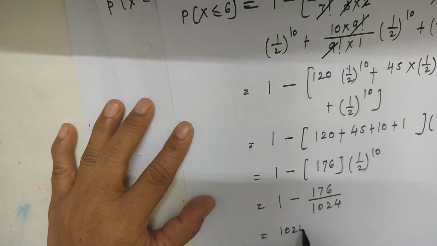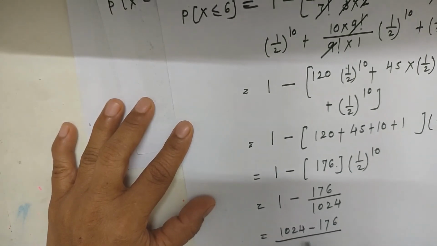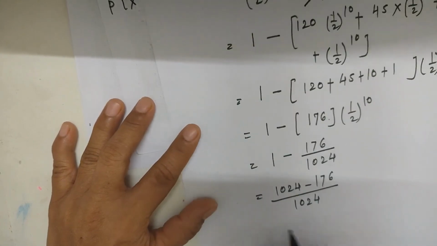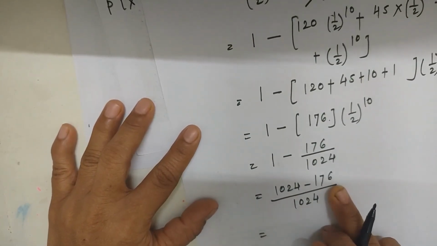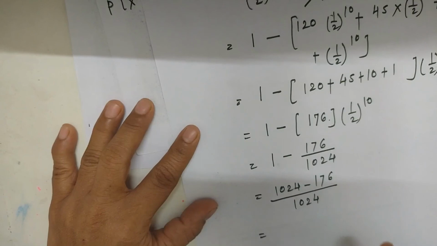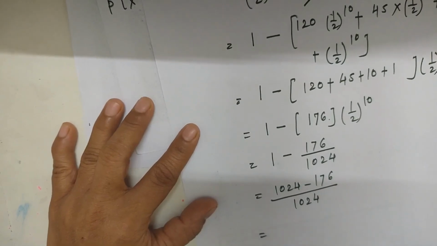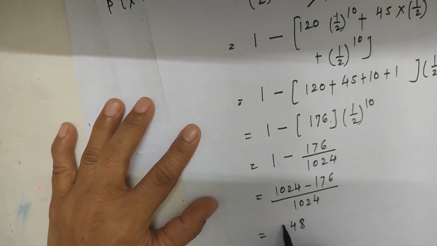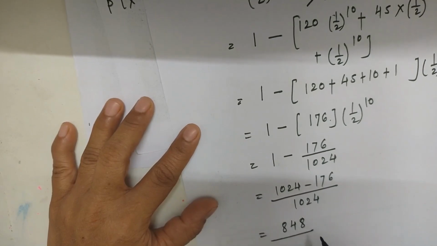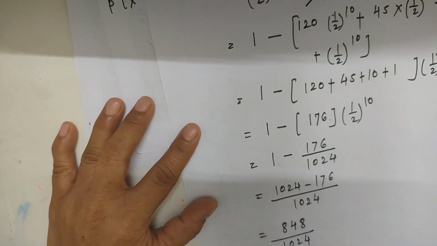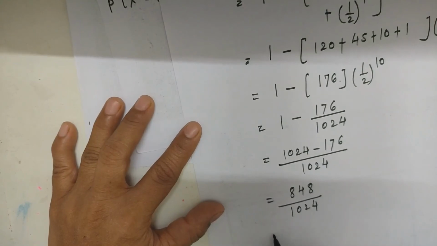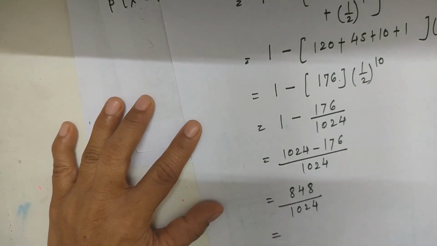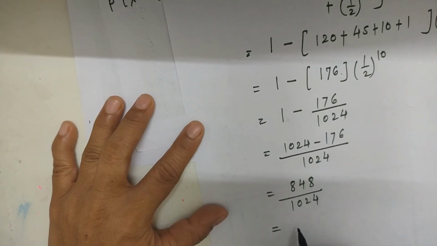Calculating this, 1024 minus 176 upon 1024. So the subtraction of these two numbers gives 848 upon 1024, which is equal to, dividing by 2, 424 upon 512.